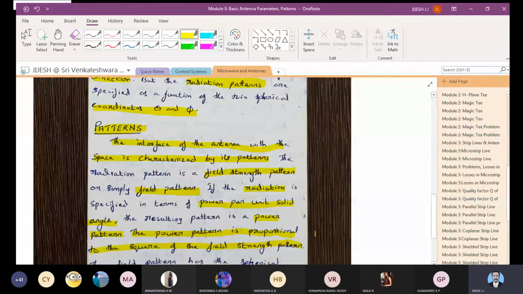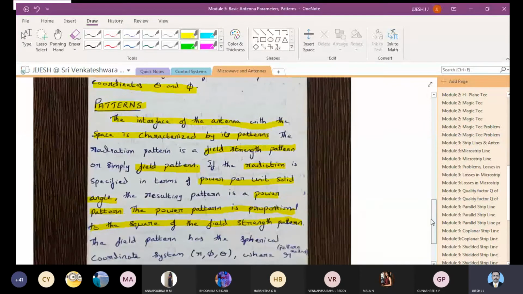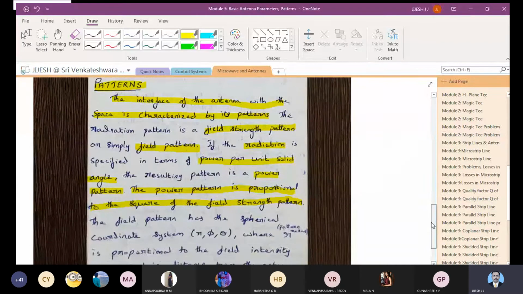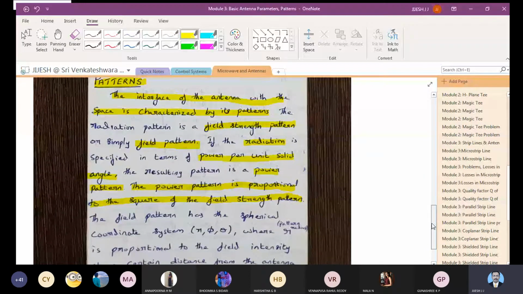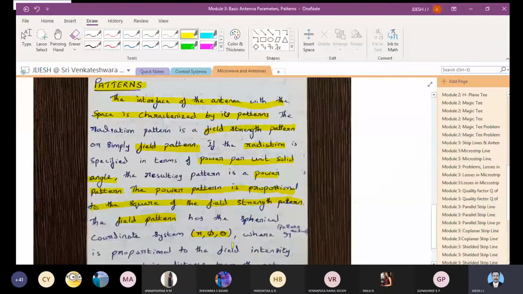The field pattern has the spherical coordinates r, theta and phi. When you see the diagram, you can see that the field pattern is drawn with the help of the coordinates r, theta and phi.